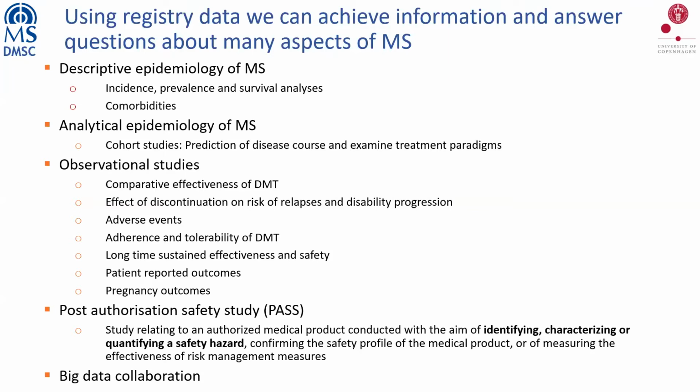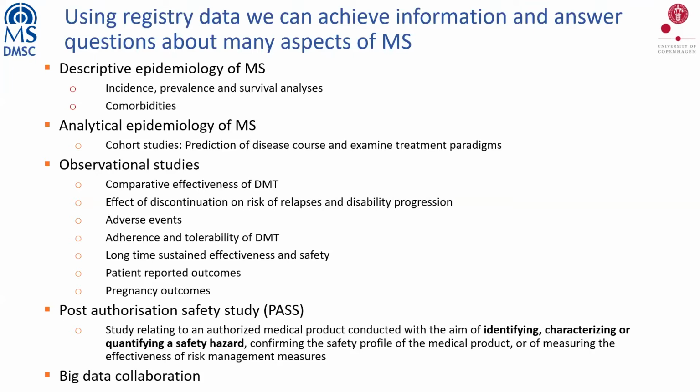We can monitor adverse events and also the adherence and tolerability of disease-modifying therapies. It is perfect for long-term sustained efficacy and safety studies. We can use patient-reported outcomes and pregnancy outcomes.